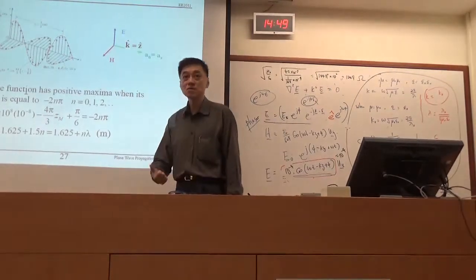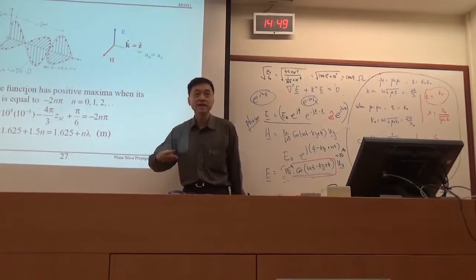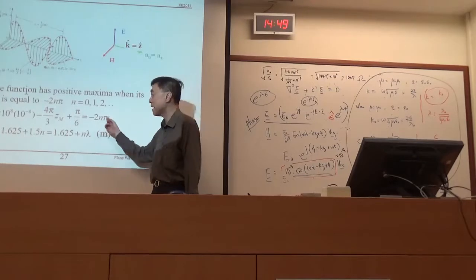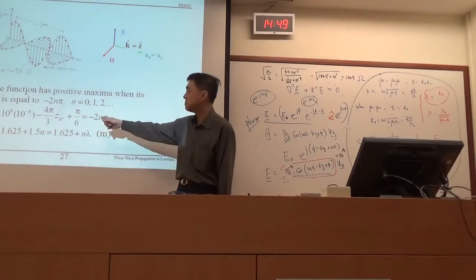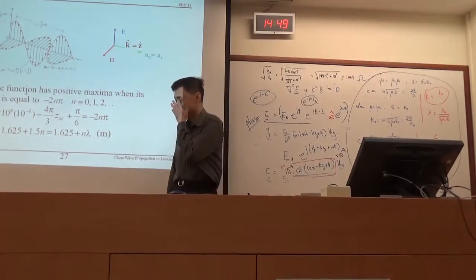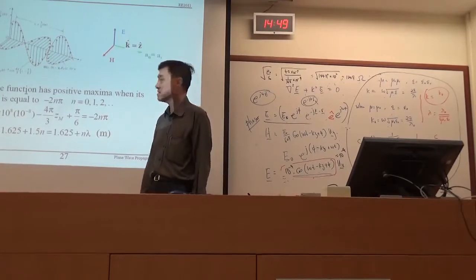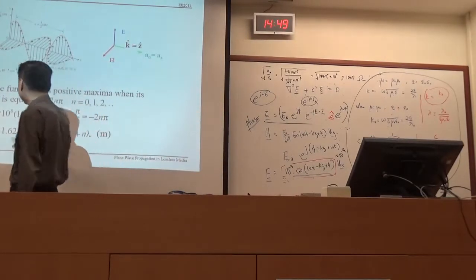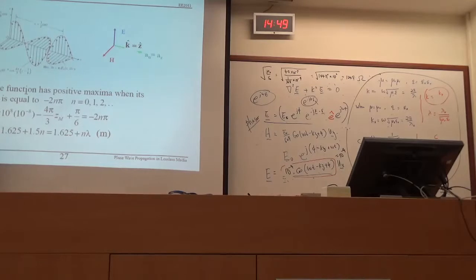So 0, 2 pi, 4 pi, 6 pi, so 2n pi. But why is there a minus sign here? I'm quite sure that a lot of students will get this part wrong. Why is there a minus sign there?